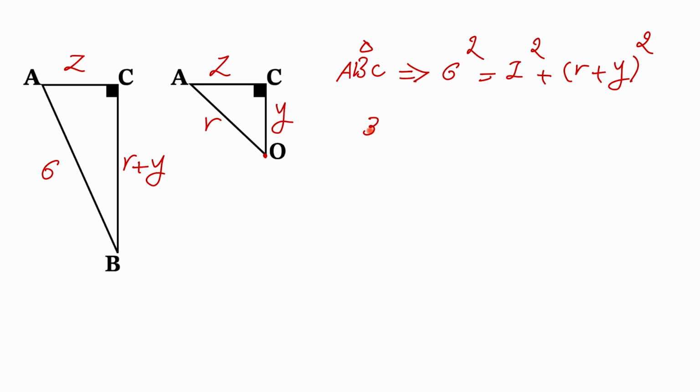If we simplify it, we'll get 36 equals Z squared plus R squared plus 2R times Y plus Y squared.